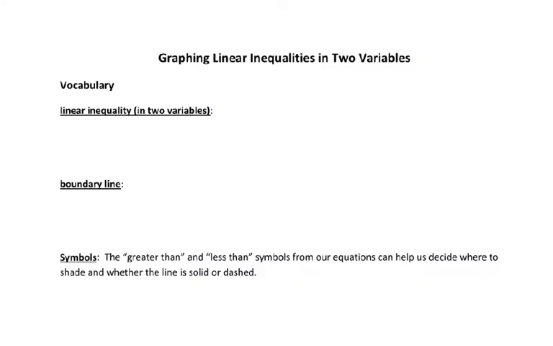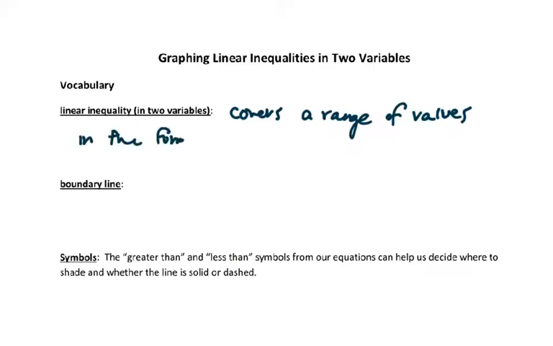So a linear inequality in two variables is basically a graph of a line that covers a range of values in the form y is greater than or less than or greater than or equal to or less than or equal to mx plus b.